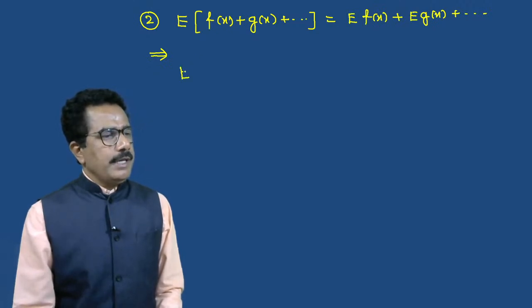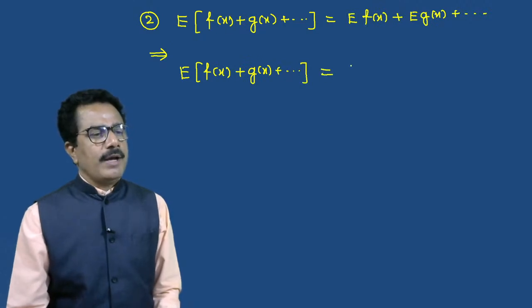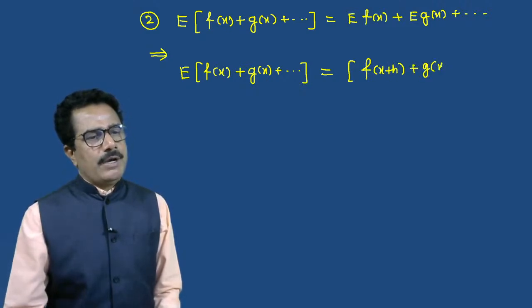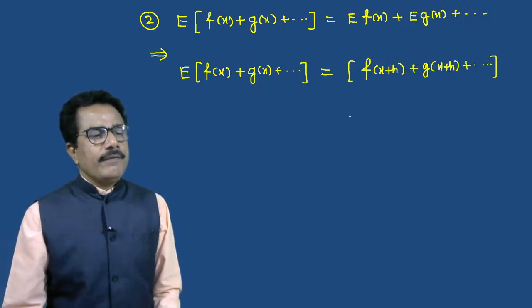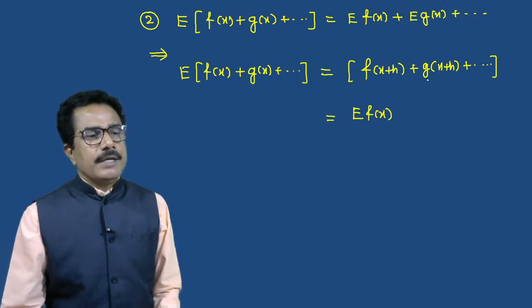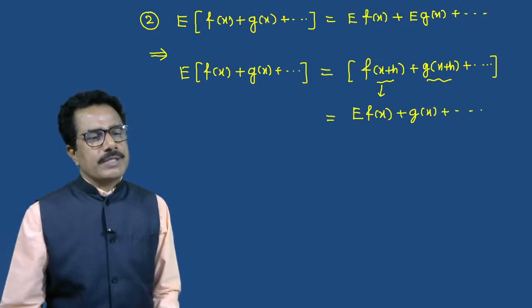Now E of f of x plus g of x plus dot dot dot, this is a formula for f of x plus h plus g of x plus h plus dot dot dot. But f of x plus h can be written as E of f of x, g of x plus h can be written as E of g of x, plus dot dot dot.